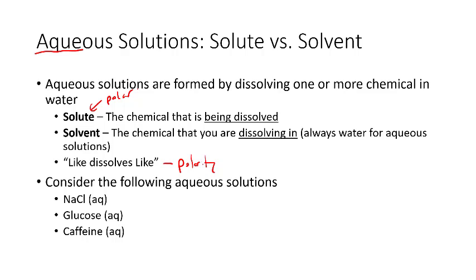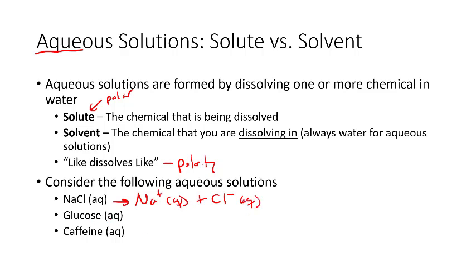Okay, so we can consider several different aqueous solutions. You could have sodium chloride, which is just table salt. That solid table salt, when you put it in water, will dissolve into Na+ (aq) plus Cl- (aq) ions.